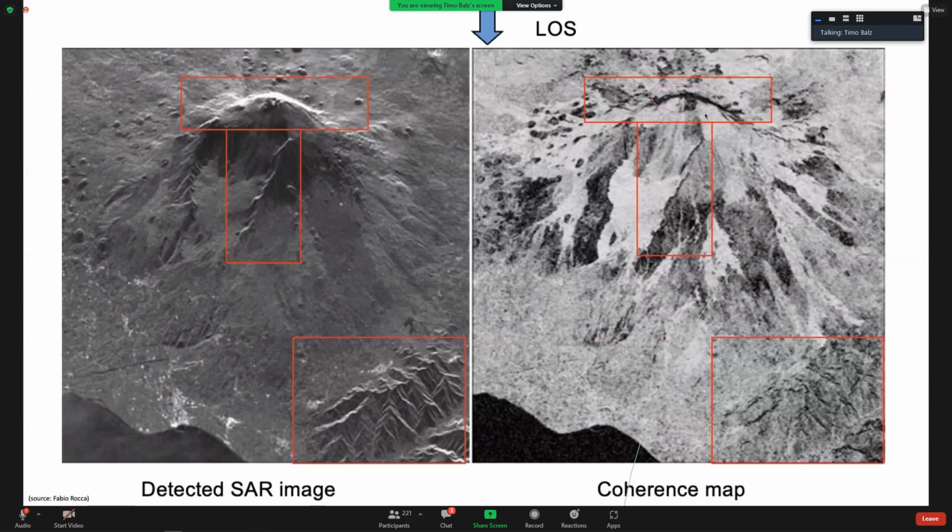So this area, for example, has very low coherence due to the foreshortening effect. So again, there's also one form of geometric decorrelation where we lose coherence, in this case due to the image geometry and the satellite geometry.